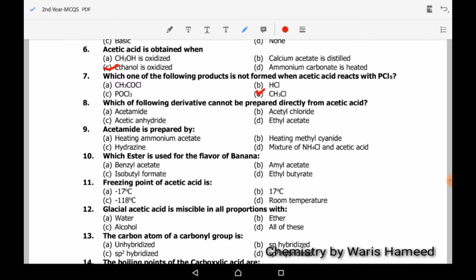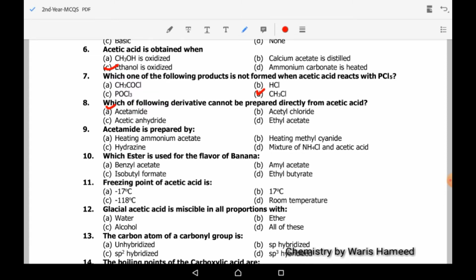Eighth MCQ: which of the following derivatives cannot be prepared directly from acetic acid? It's acetamide. Acetamide cannot be prepared directly from acetic acid.